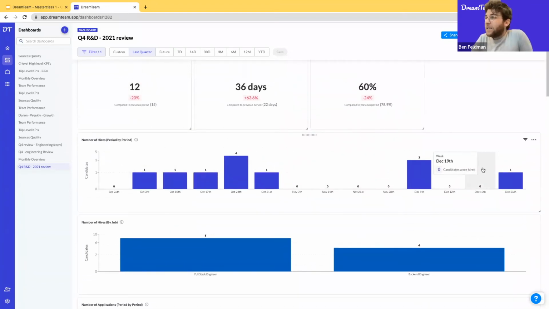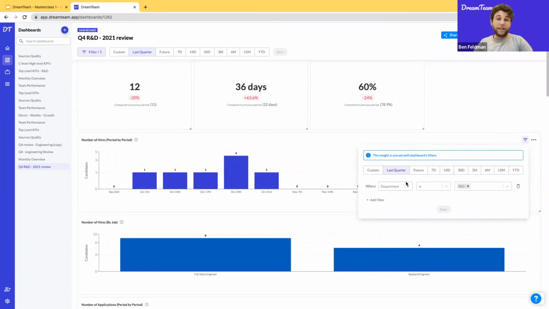Number of hires, I'm not sure how relevant it actually is, but it may help us cement that story, right? So look at the amount of CVs, look at the amount of hires that we have. It's not a lot, but actually what we can do is change the dates. Let's compare it from last quarter to this quarter to show that decline, right?